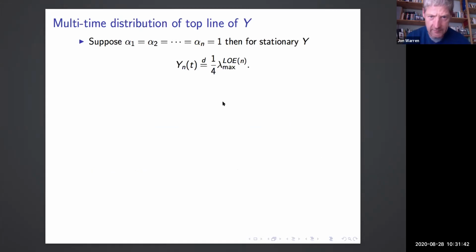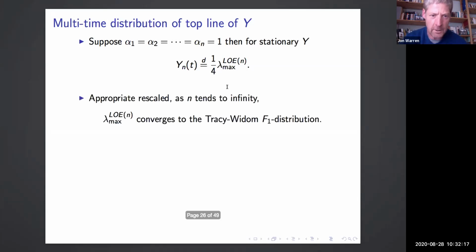Just to remind you of what we already know: if y is stationary, then at any time t, this ynt has the same distribution as the all-time maximum of the eigenvalue of the Hermitian Brownian motion, which when the alphas were all equal to 1 turned out to be essentially the largest eigenvalue drawn from an LOE, Laguerre orthogonal ensemble.